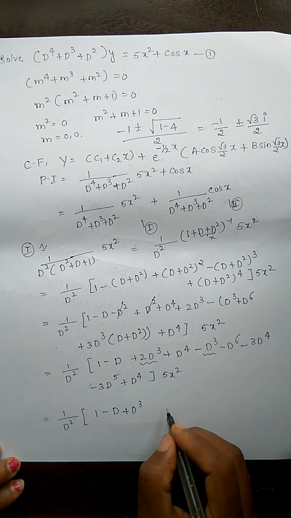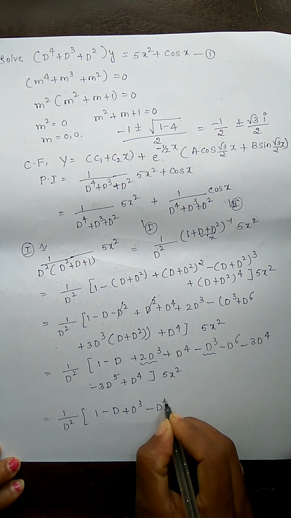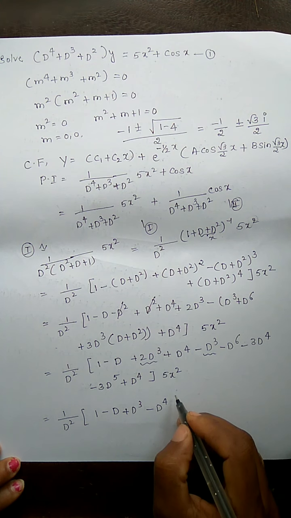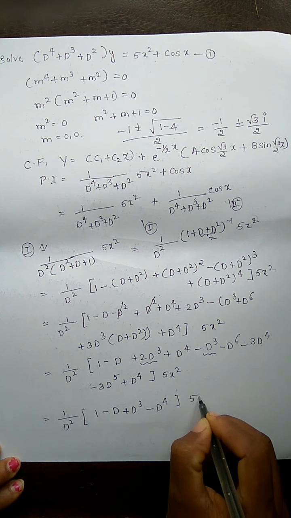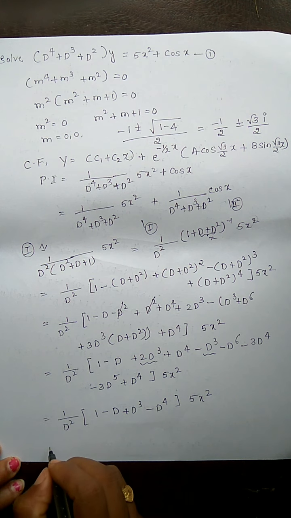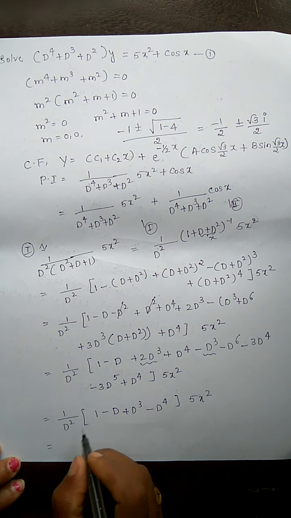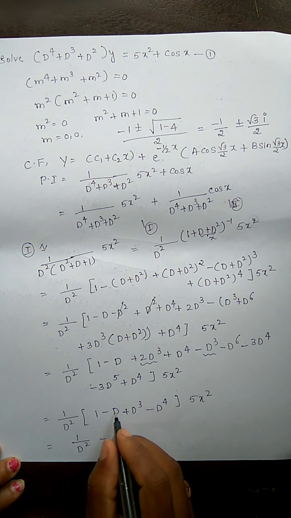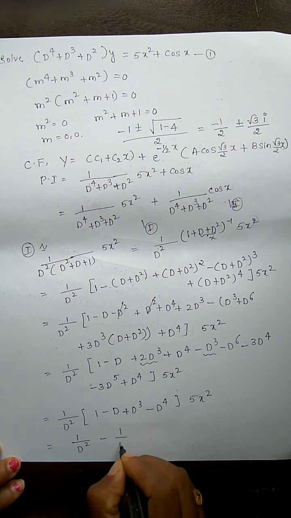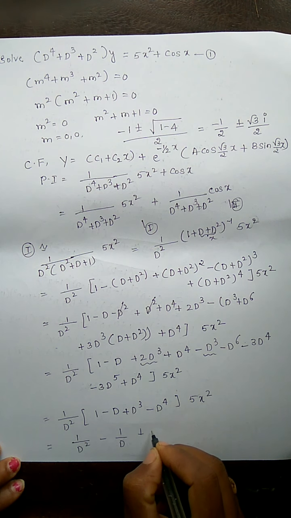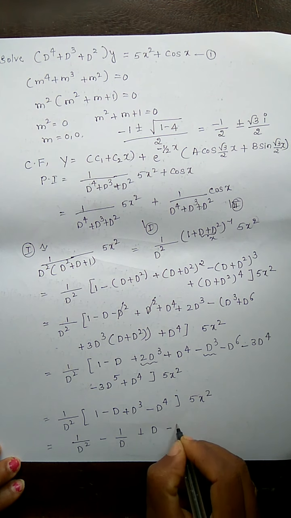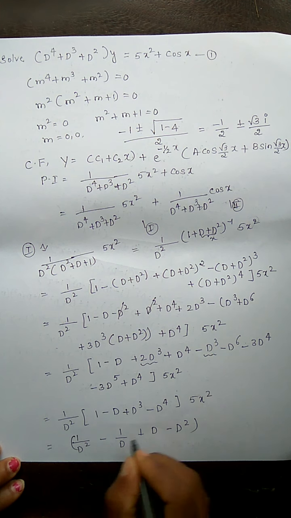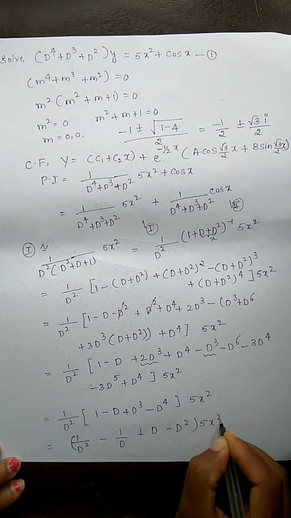So it is minus d power 4 and here minus 3d power 5, more than 4 here, here also more than 4 power, so I don't want to write that, into 5x square. So further simplify, that is equal to 1 by d square, so I will write as it is 1 by d square minus d by d square, that is 1 by d, plus d cube by d square is d, minus d square, that into 5 times x square.